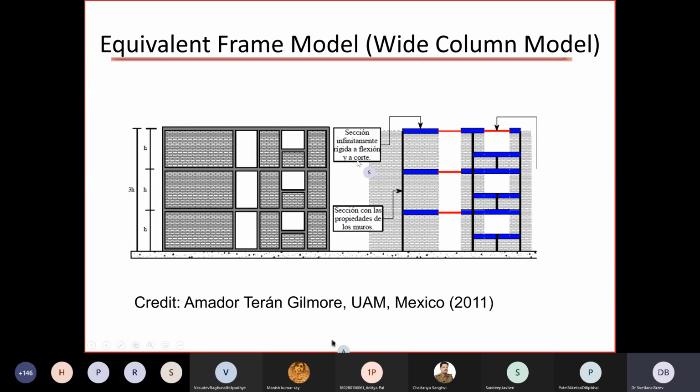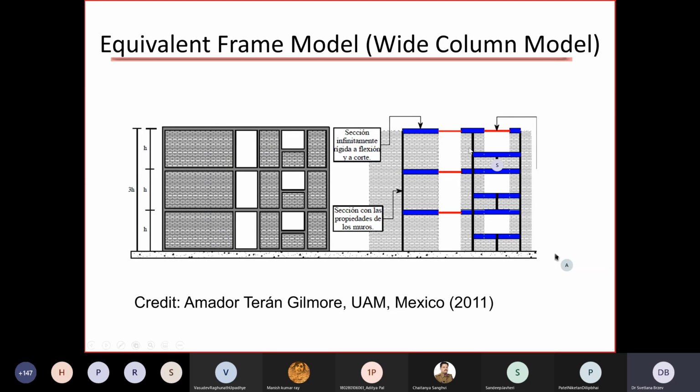In the equivalent frame model, it consists of idealizing a confined masonry wall as an equivalent frame. Let's say on the left-hand side you have the actual wall, and it has confining elements on each side. All these walls are confined masonry walls, even though there are those window openings. So, in other words, we have 3 confined masonry walls.